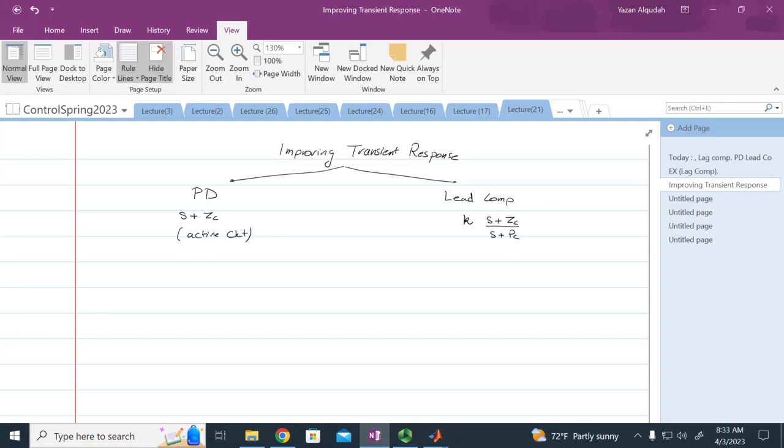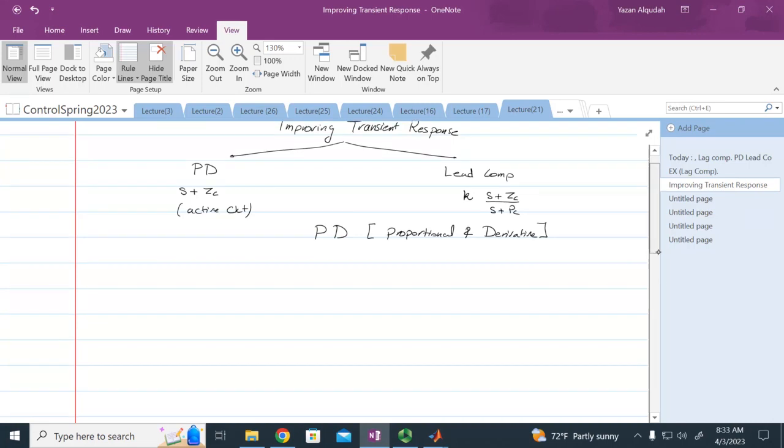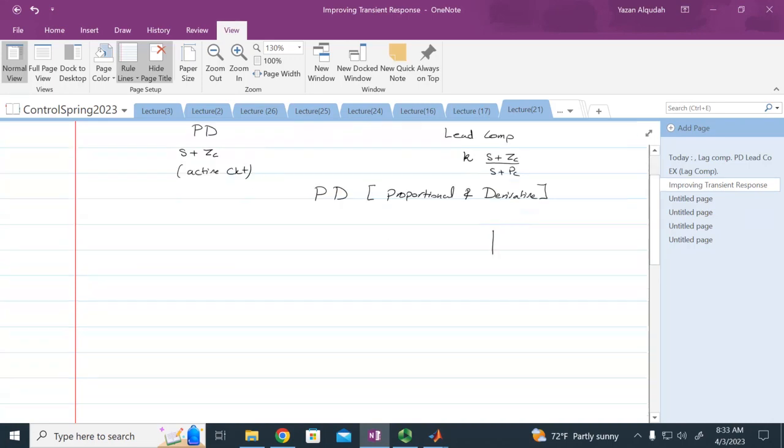Okay, so let's start with the proportional plus derivative compensator. This uses an active circuit, and the circuit for the PD compensator or controller looks something like this.